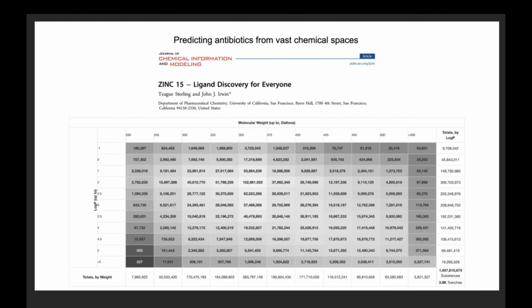So the Zinc-15 database is a virtual collection of about 1.5 billion molecules. Instead of running predictions on the entire set of 1.5 billion molecules, we curated about 107 million molecules with antibiotic-like physical chemical properties on which to run predictions.